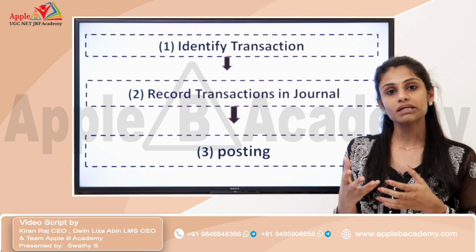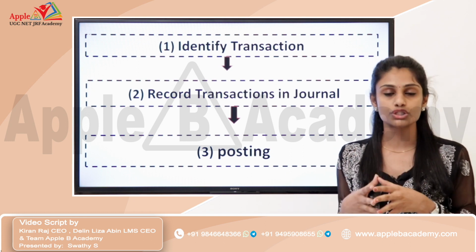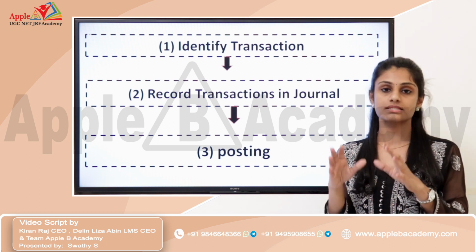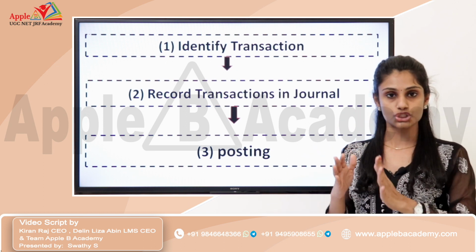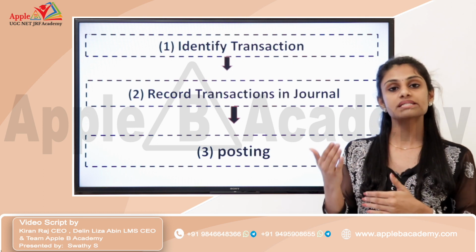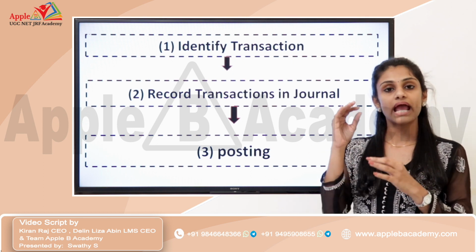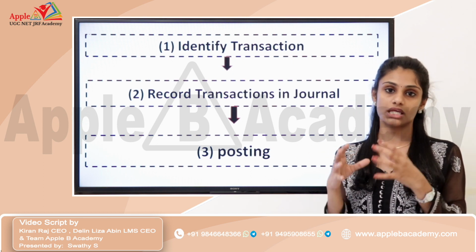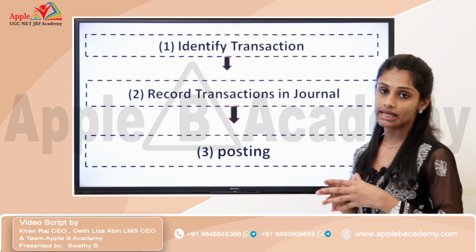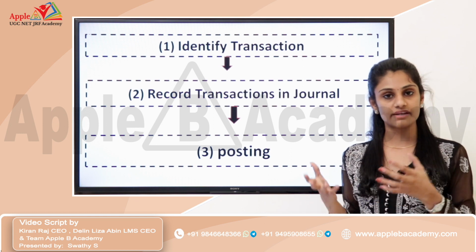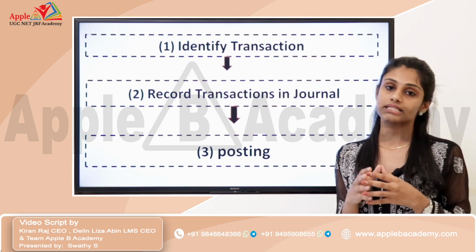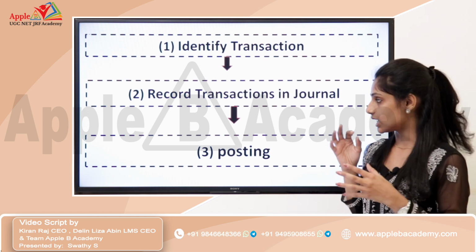Capital means the amount contributed by the owner into the business. So there will be a debit and a credit, cash account debtor to capital account, and the debit and credit must be equal. So that is about the journal entry. If there is a purchase, if there is a sale, for everything you should record it in the journal. That is the journal entry.